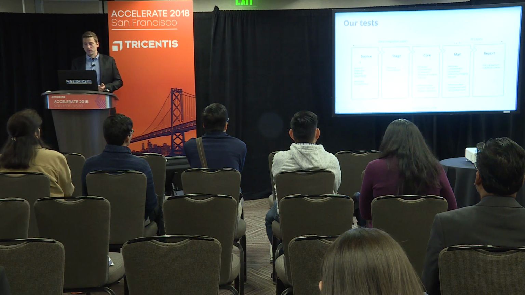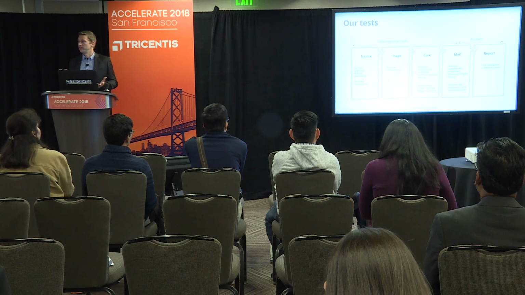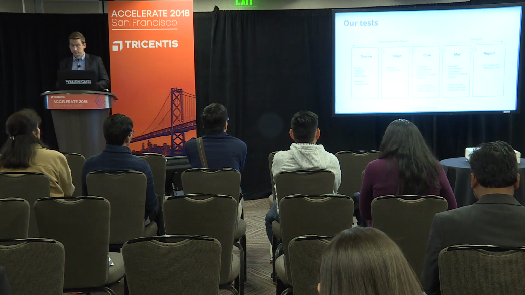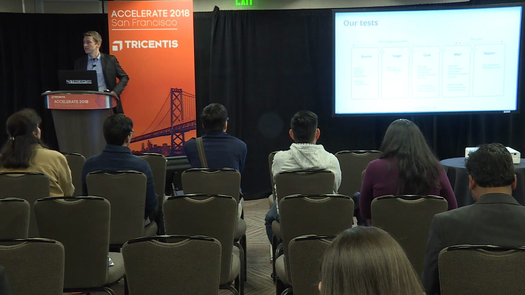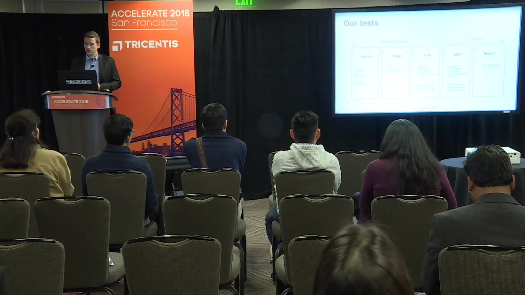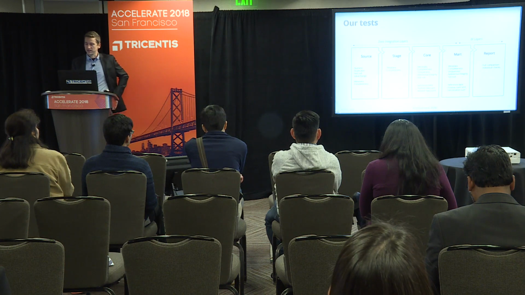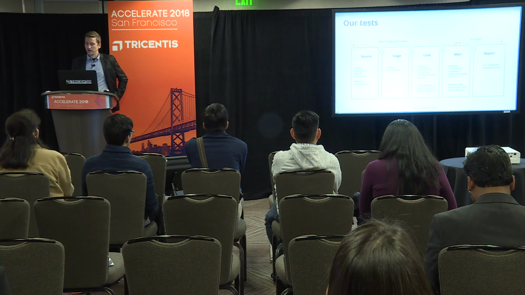Then it goes from source to stage. We test whether the data is complete. So we test for completeness as well as whether the metadata has changed. And then it gets interesting because from stage to core, you've got transformation. So what can you test there? We do test our vital checks.